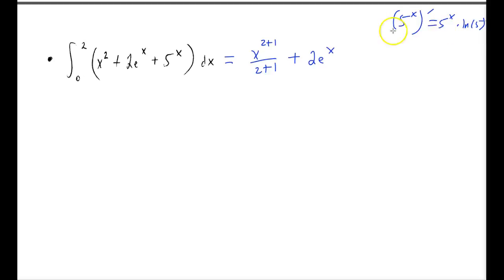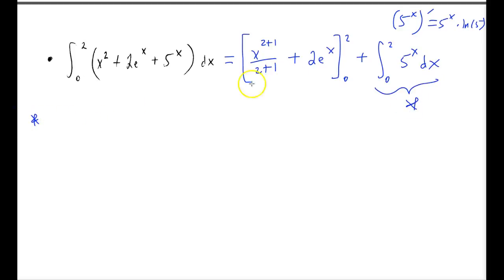So here we would have to have some factor that has natural log of 5 in it in order to make everything work. So one way we could do that is we could hold off and let's go ahead and evaluate these first two, or at least put it in this form here, going from 0 to 2. And then we could just say this is going from 0 to 2 of 5 raised to the x dx. And so we'll just work on this part.